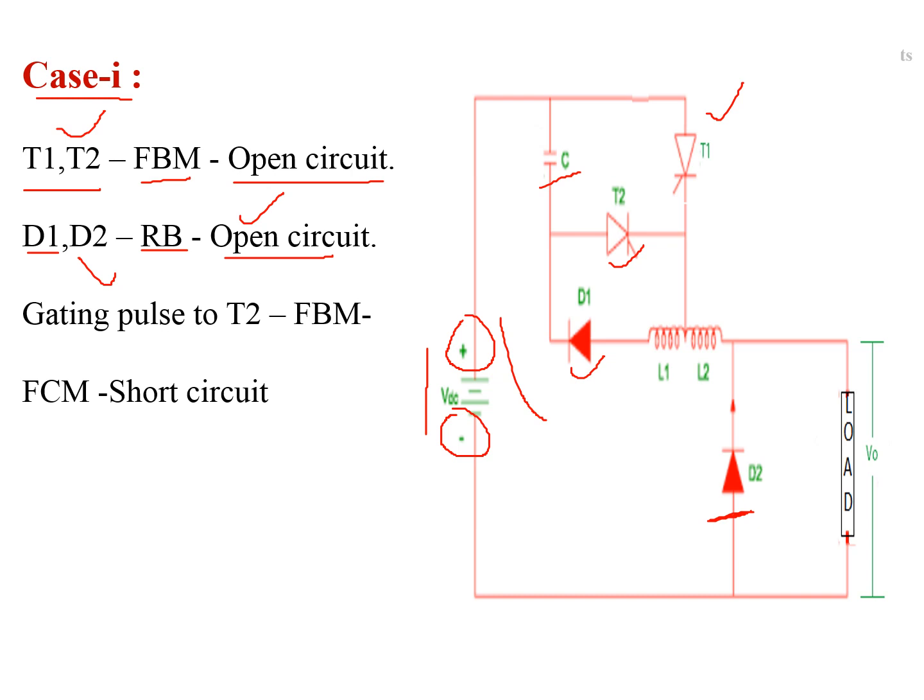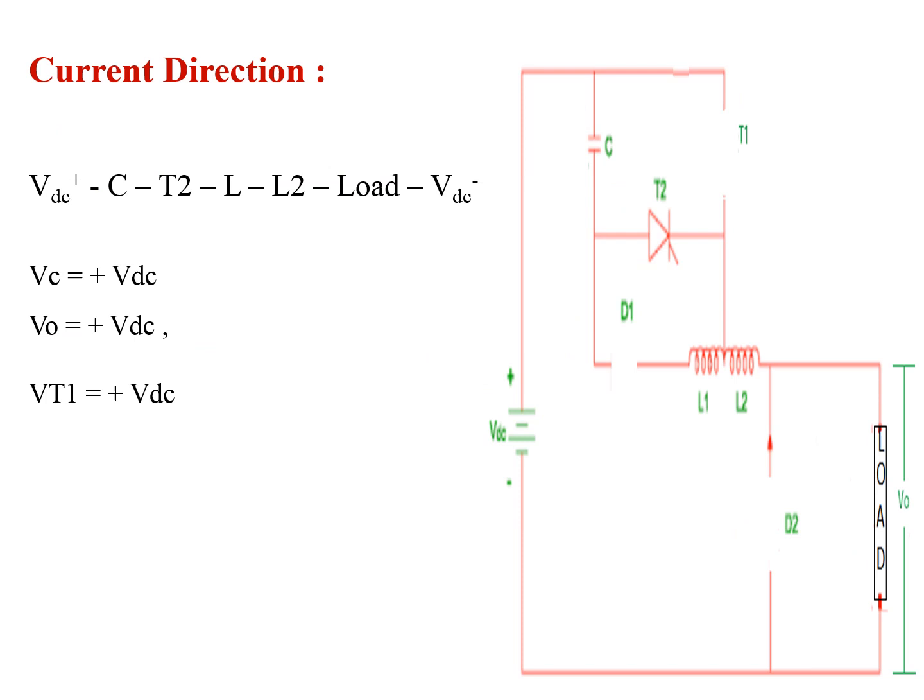Now initially consider we apply the gating pulse to thyristor T2. Thyristor T2 goes from forward blocking mode to forward conducting mode, and acts as a short circuit. This is the circuit diagram after applying the gating pulse to thyristor T2.